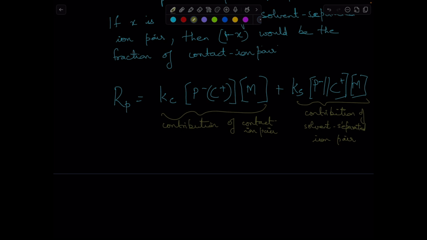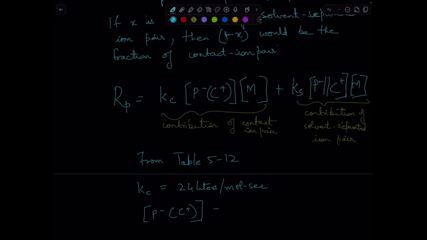Okay, so let's look at this part. From table 5-12, Kc is equal to 24 liters per mole second. Concentration of contact ion pair is given to us as 2.0 times 10 to the negative 3 molar.